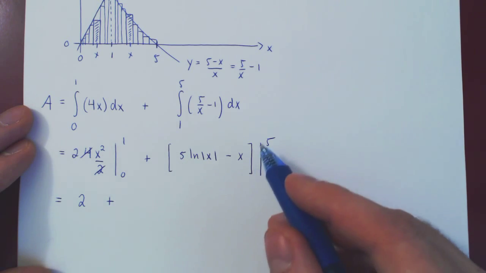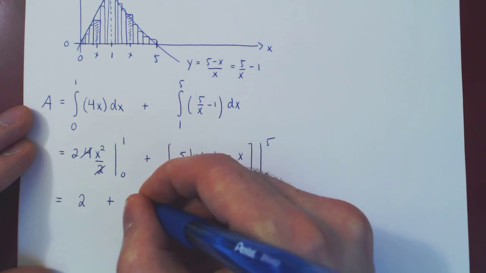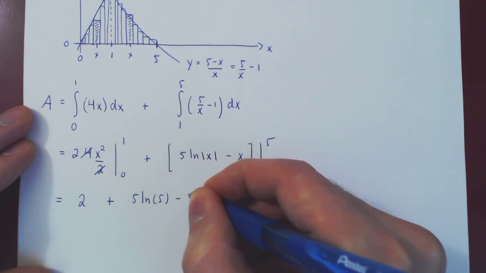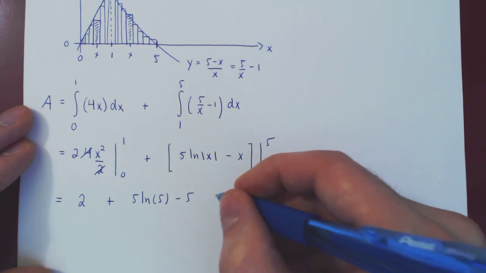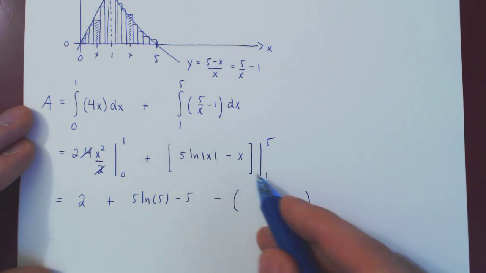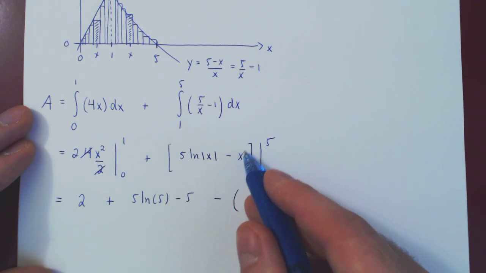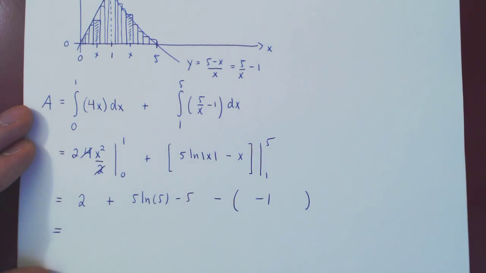So we evaluate this at x equals 5, we get 5 ln of 5 minus 5. I can drop the absolute value as 5 is positive, then minus this expression at x equals 1, but ln of 1 is 0, so this goes away, and we're left with minus 1. So in the end, what are we left with?